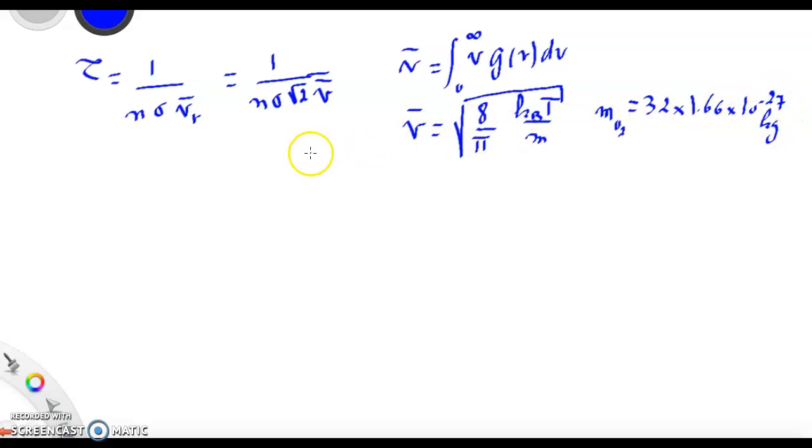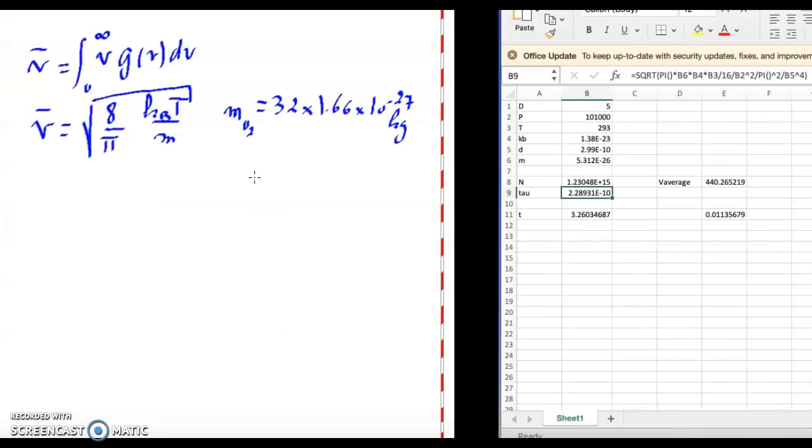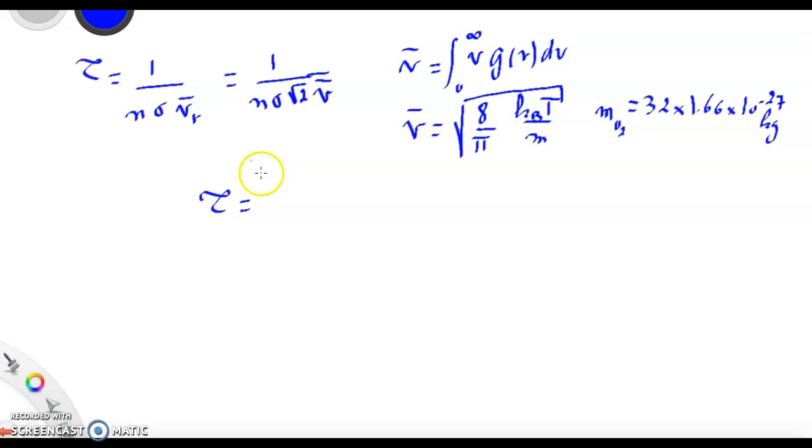Once you do the math, you're going to find that tau is of the order of 10 to the minus 10 seconds. It's about 2.29 times 10 to the minus 10 seconds.